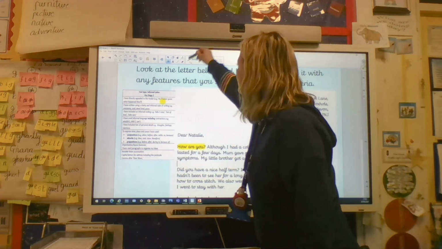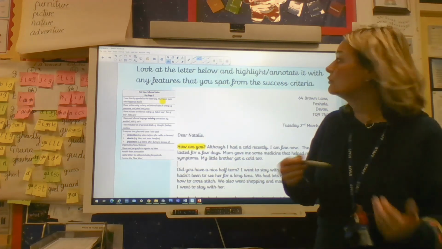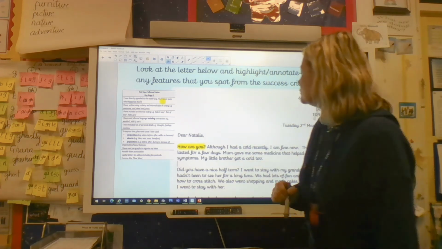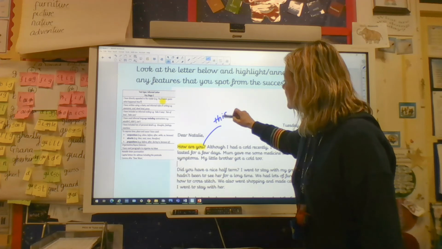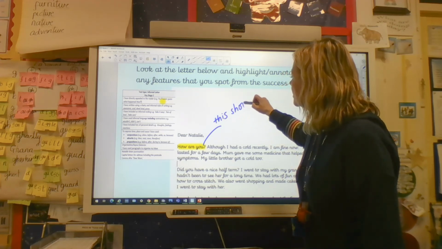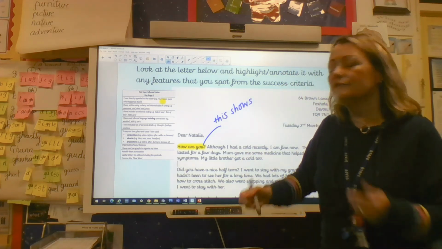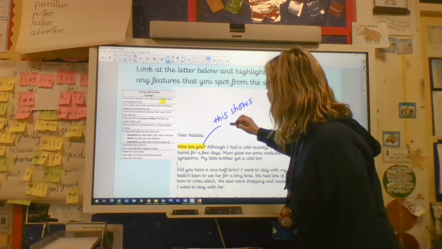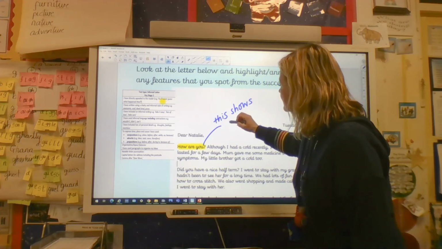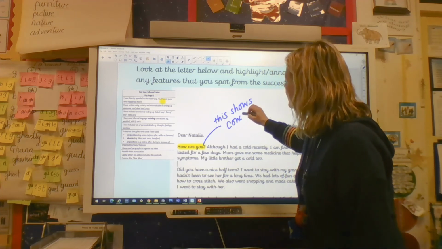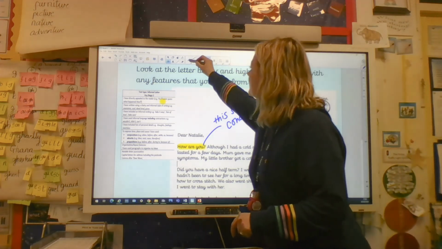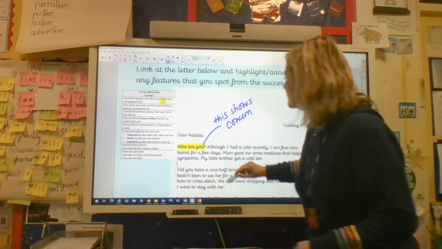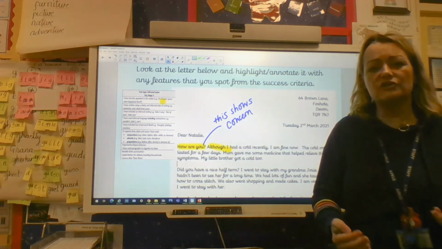When I say annotate, that means you can write on there, and you might say this shows concern or friendliness towards the person receiving the letter. So this shows concern. I can see as well that we've got a conjunction, what does that show?